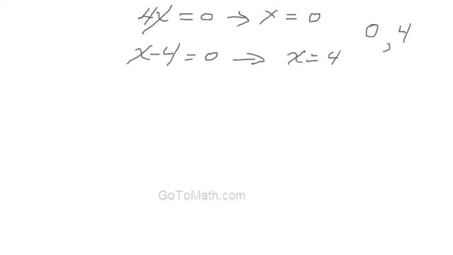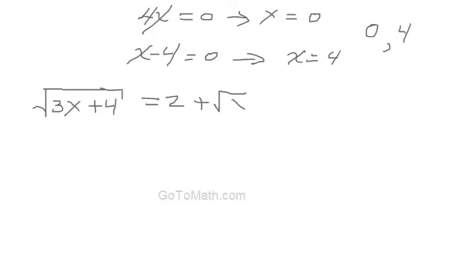Right, so here I'll just go ahead and rewrite the initial problem, and so that was 3x plus 4 is equal to 2 plus the square root of x. So let's go ahead and check the 0 here.